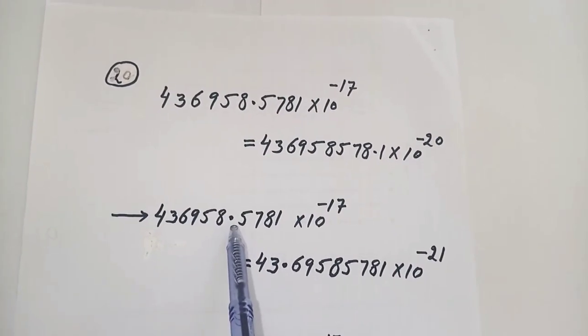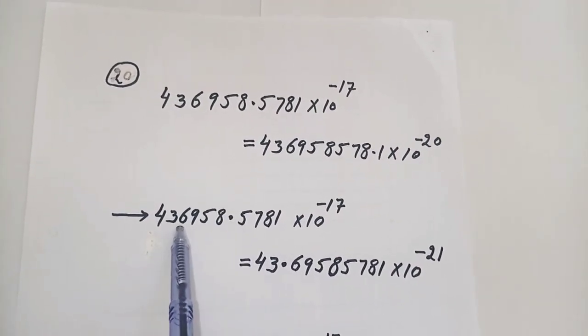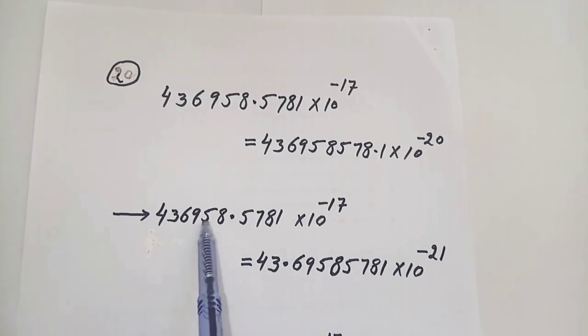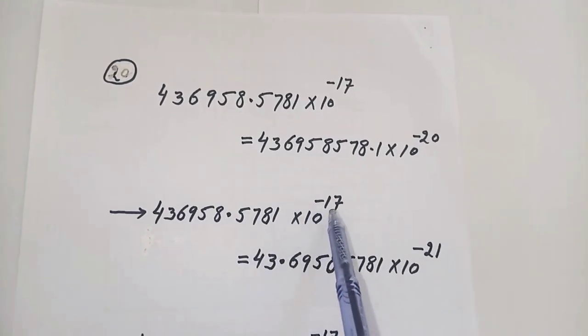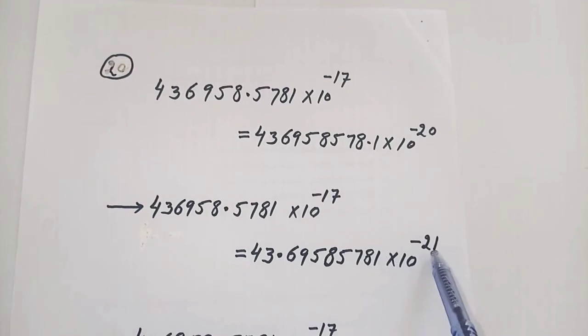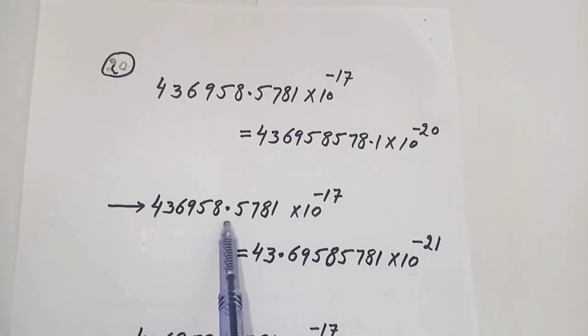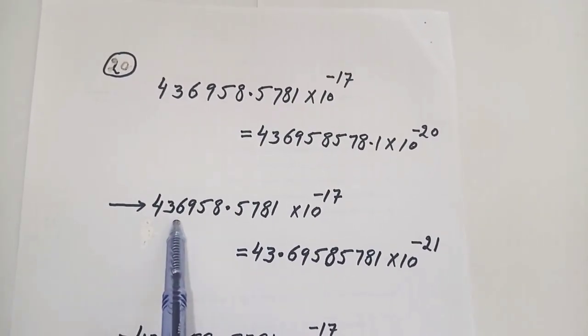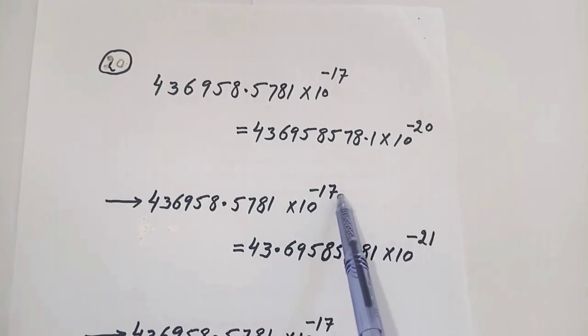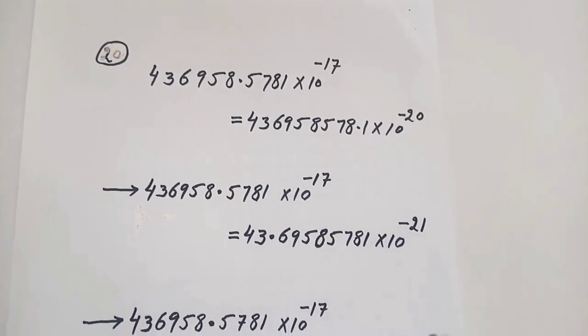Now if this point is shifted in this direction, then this power will change like this, minus 17 to minus 21. Through 4 digits we have shifted this point, so here the power will change by 4.